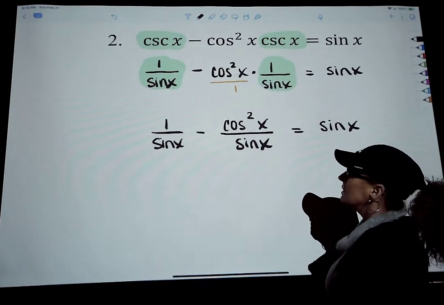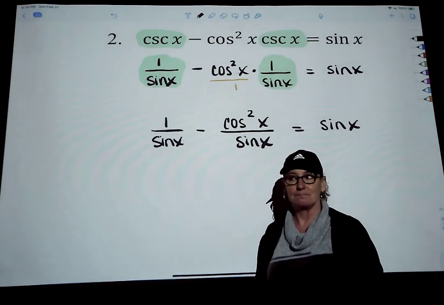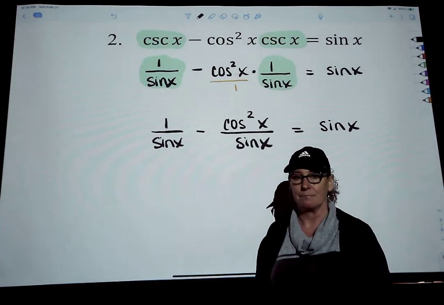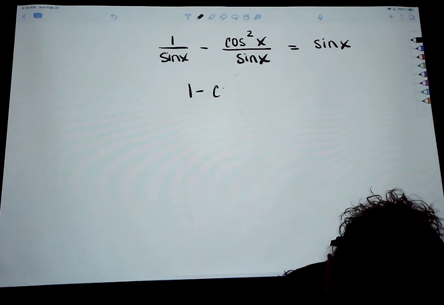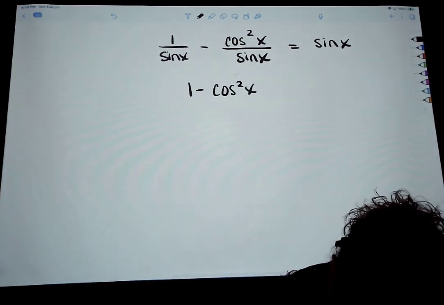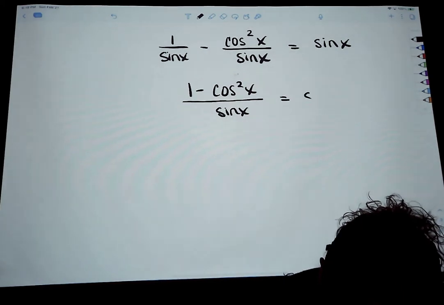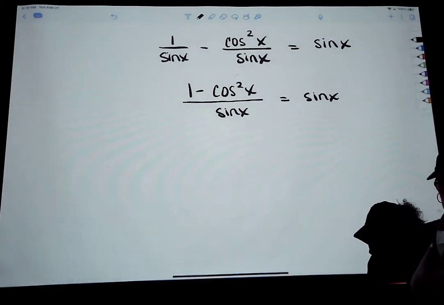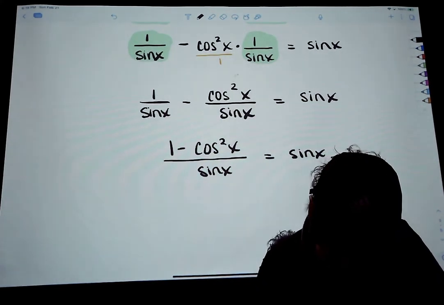All right. 2 fractions. It says to minus. Do I have a common denominator? Then minus them. Here's what I get. Put the numerators together, denominators stay the same. Now what?